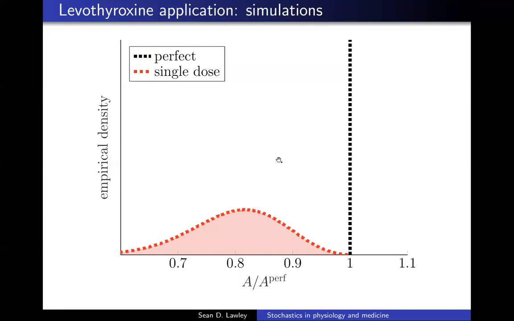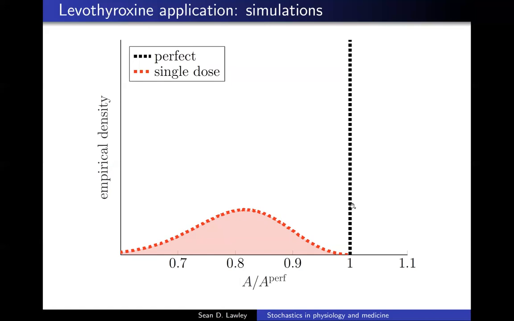So here I'm plotting an empirical probability density, where the horizontal axis is the amount of drug in the patient normalized by the perfect patient. If you follow the single dose strategy, the distribution of the random amount of drug in your body is this bell-shaped curve centered on a little bit more than 80%. This vertical line is the perfect patient. They have a delta function drug amount there because there's no randomness in them.